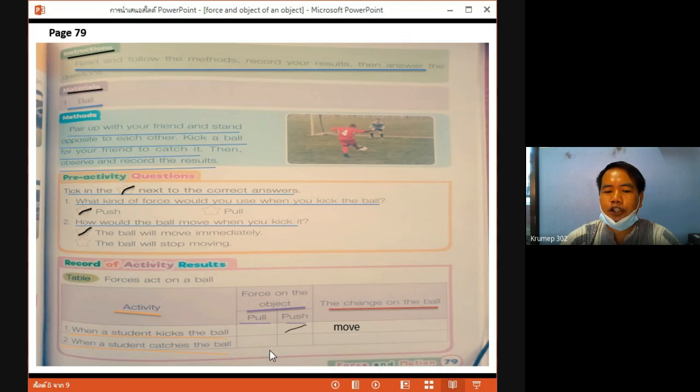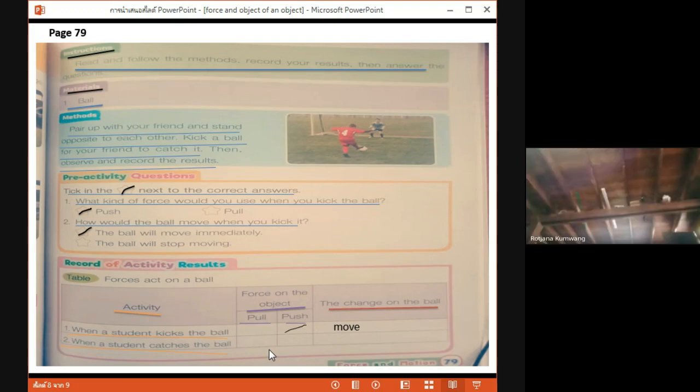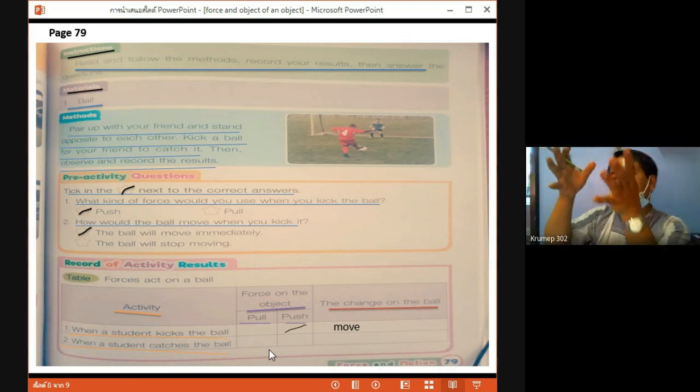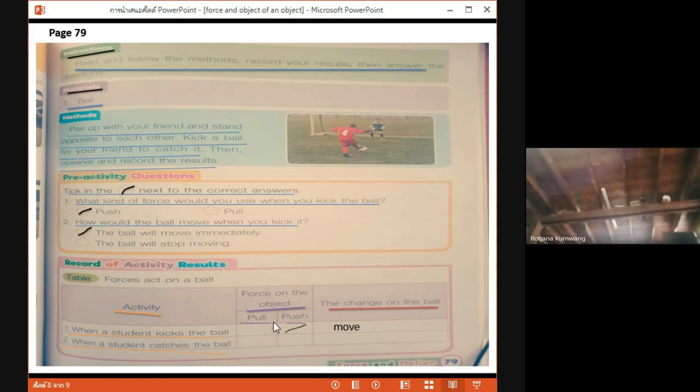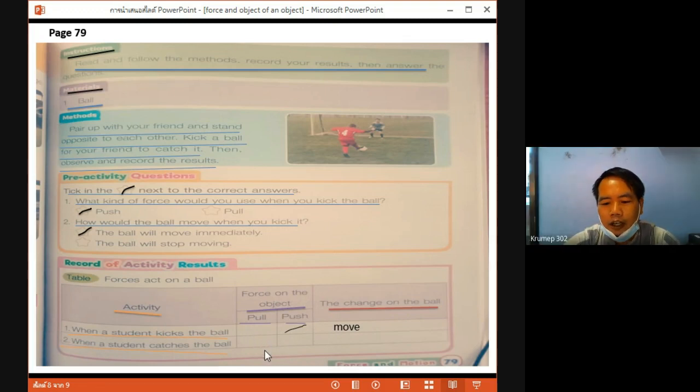Pull or push? If your friend catches the ball, you will go like this. So, push or pull? Okay, very good. It is pull.